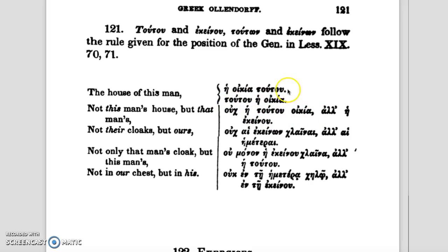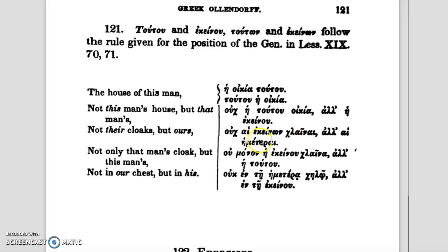Notice that a and eukia go together, and this is working like a little adjective. Not the house of this man, not this man's house. Al ekinu, but that man's. Not their cloaks, but ours. Uch ekinon klene, not the cloaks of those.